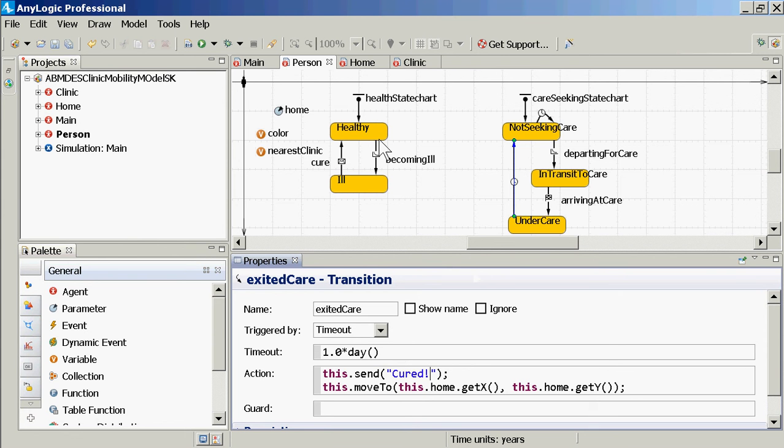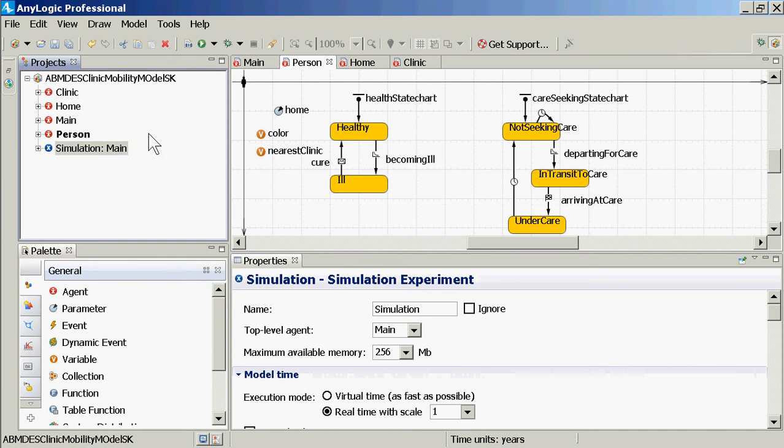Is that a bit clearer? Yep. But they're both fine. That to me is a little more logical. Okay. So we could send ourselves this message saying, you're cured. And what makes sense of that, or uses that message, is this other state chart.